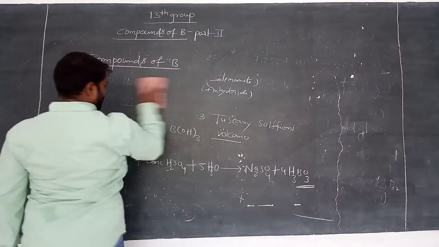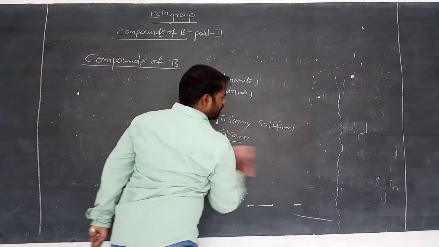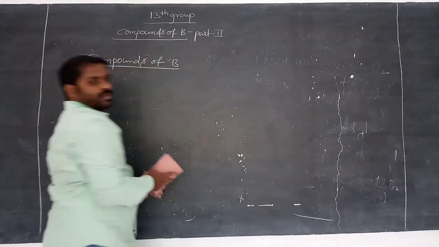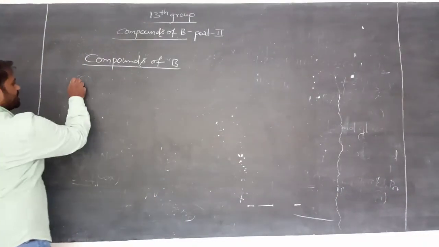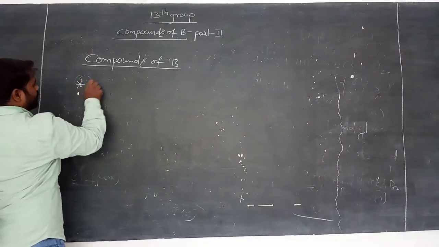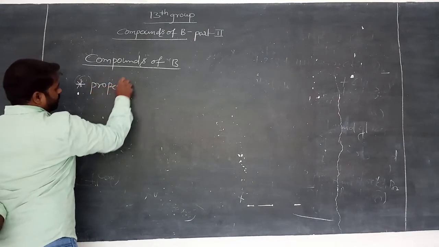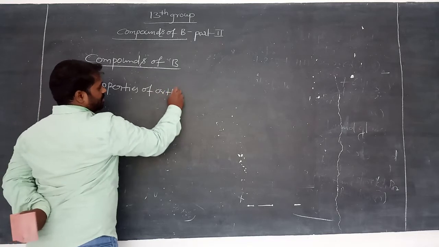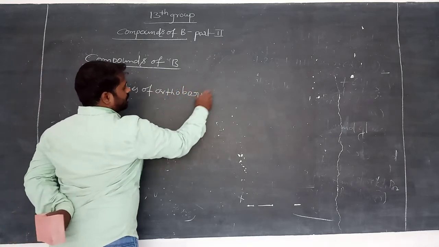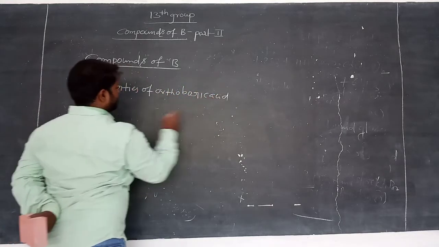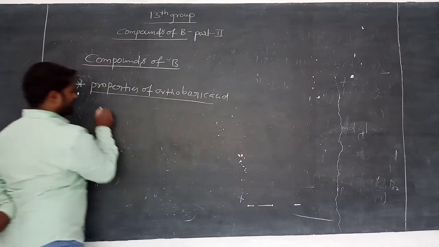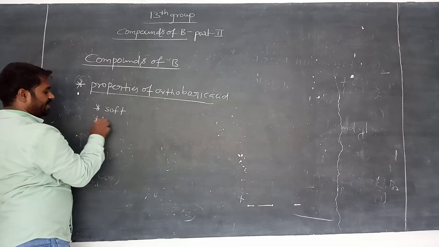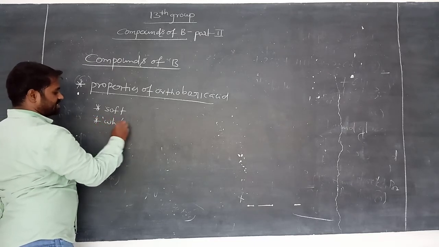And next one, properties of orthoboric acid. Okay, orthoboric acid is a soft material and it is white, that means colorless.